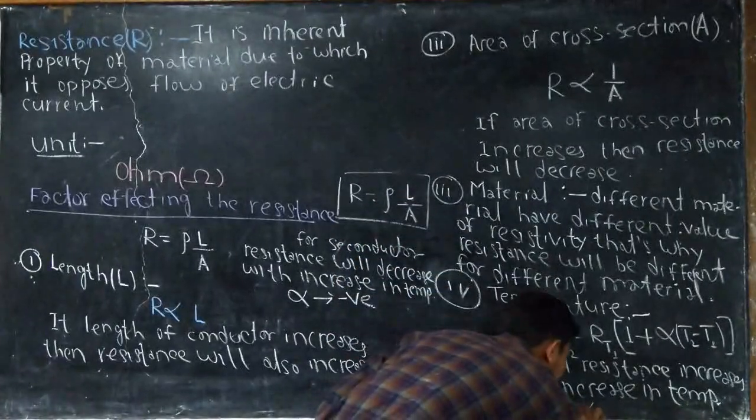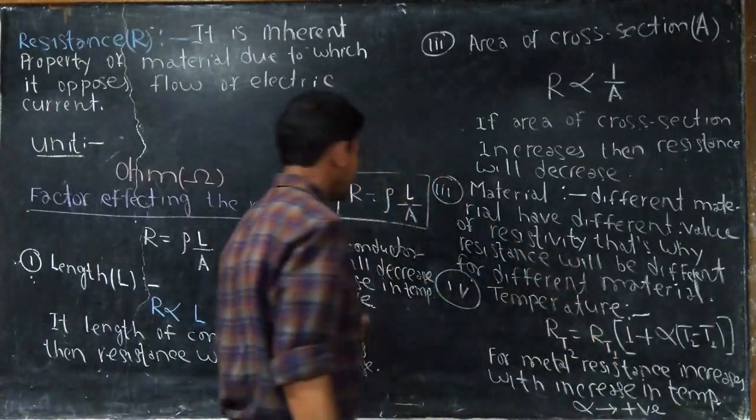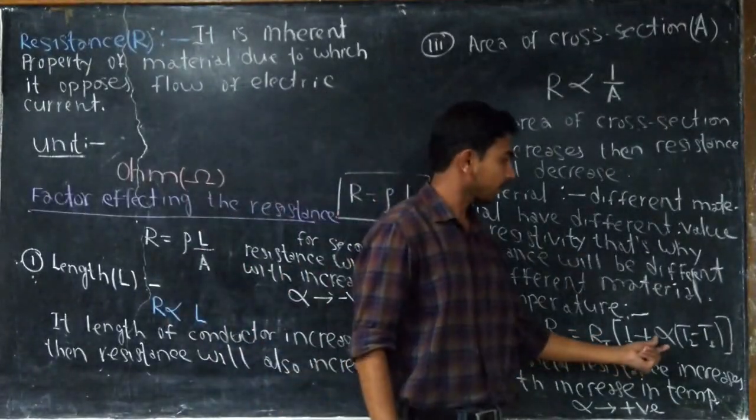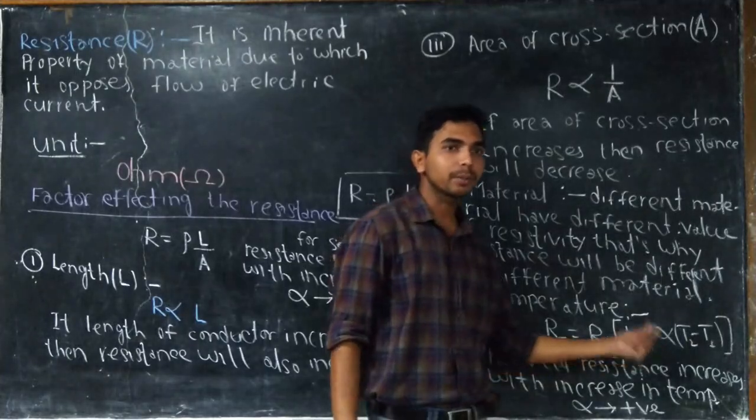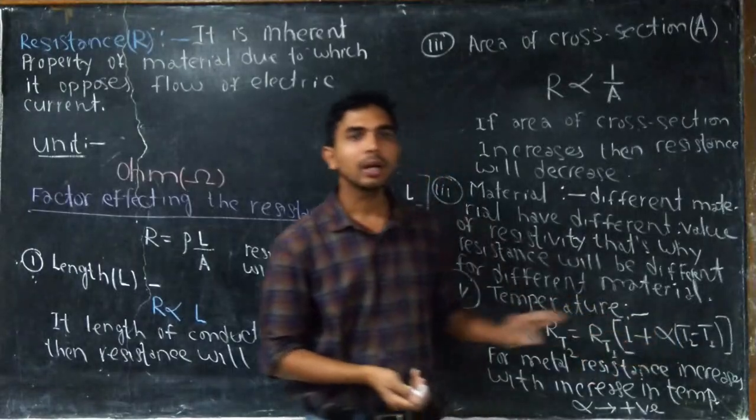So if alpha is positive, the value will increase as temperature increases. But if alpha is negative, this term will decrease, so the value will decrease.